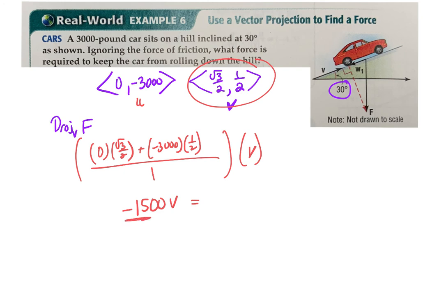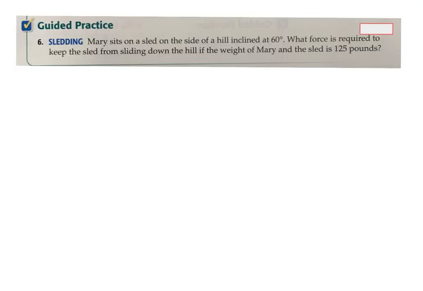That's why it's a negative. You don't have to put force in terms of negative or positive. Usually you just say it's in the direction of the hill. So it's 1,500 pounds of force, what it's going to take against the incline of the hill. It's going to take 1,500 pounds of force to keep that car from going down the hill.